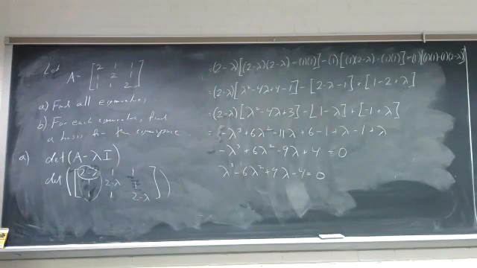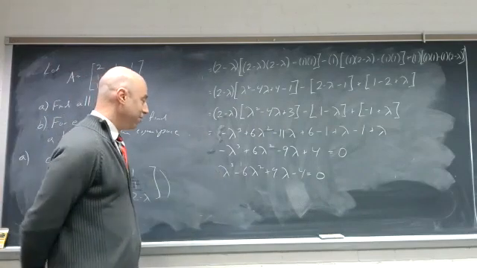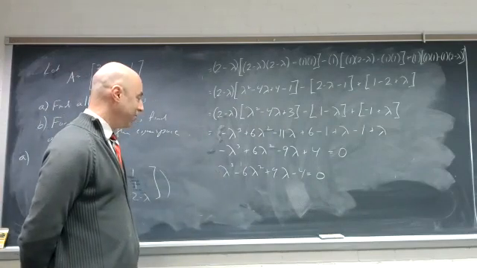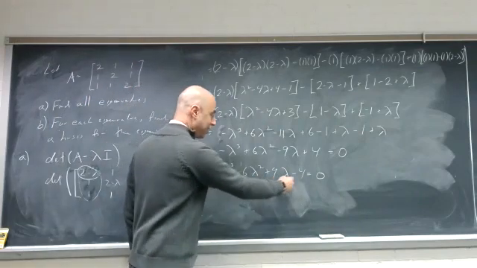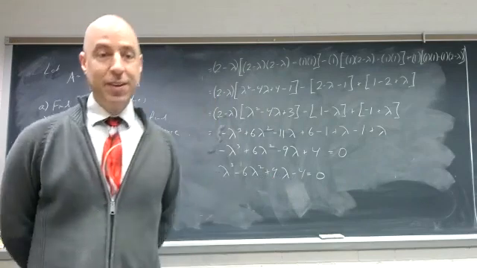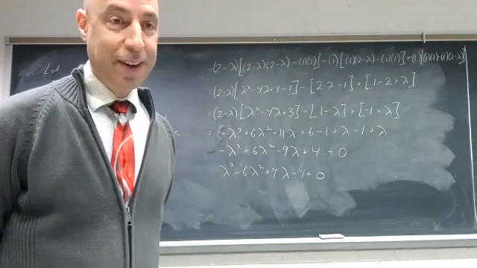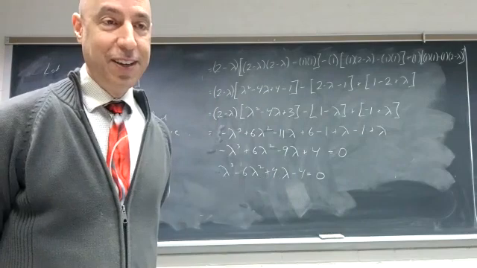I'm used to seeing a 1 in front of the leading coefficient. So let's see if we can find a number. Can you find any solution to this? Any numbers that work easily?